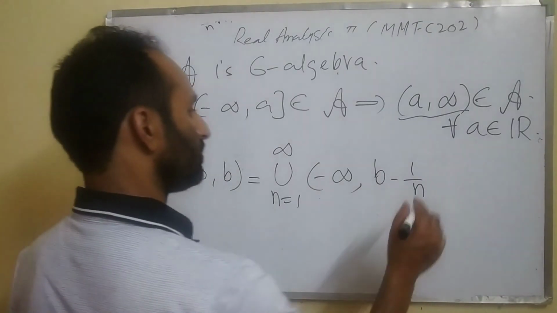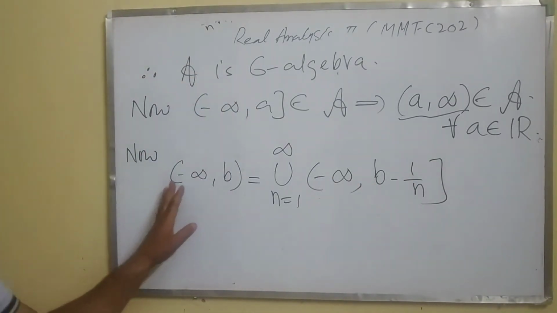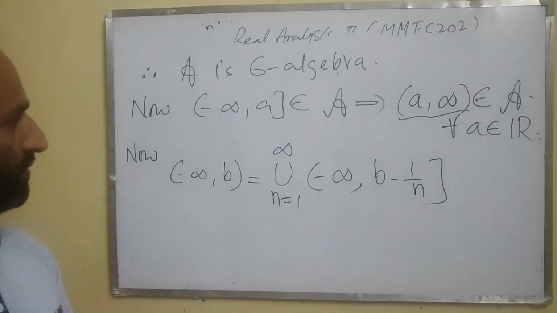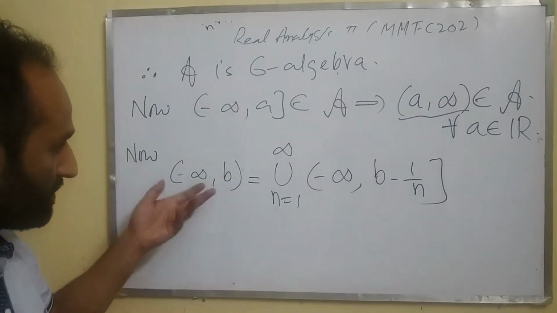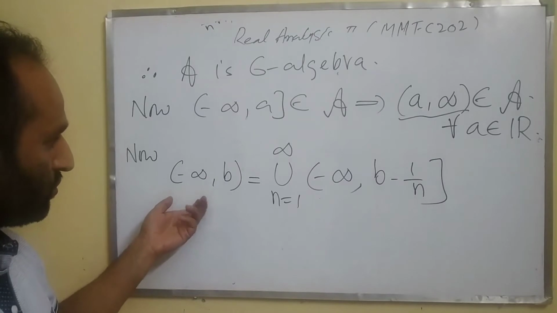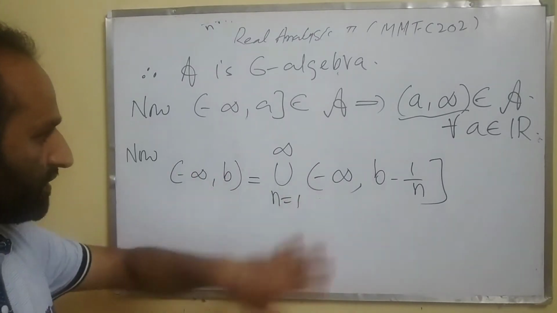Can I write this as, are they equal? Let's choose any point here, say x. Then they're actually equal.